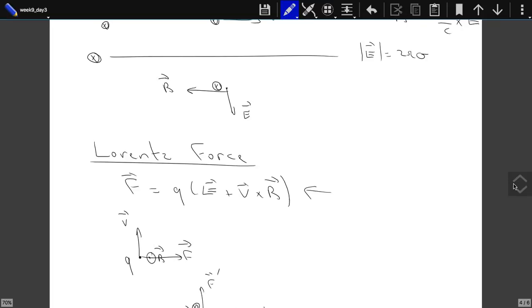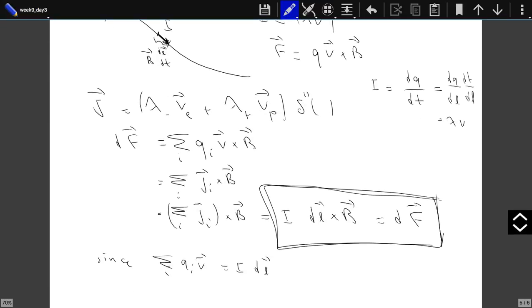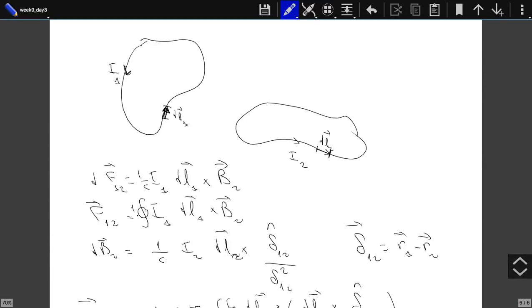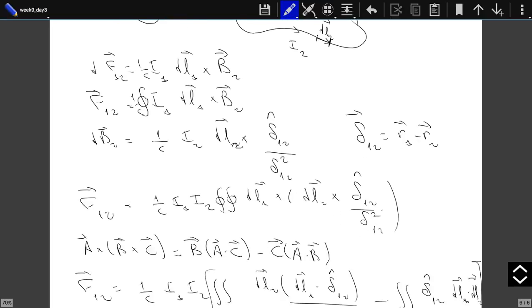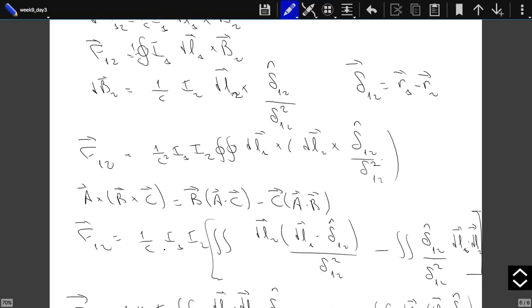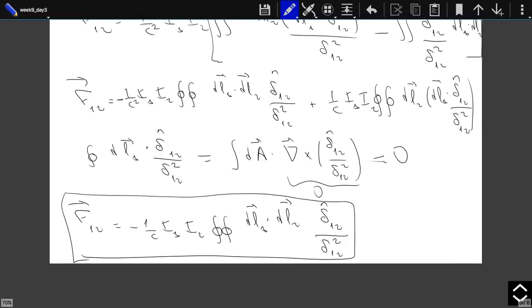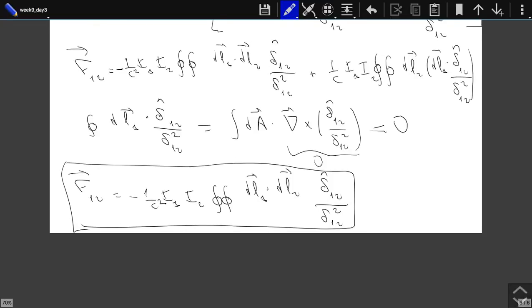What is the unit of E? Now it's correct. Good.